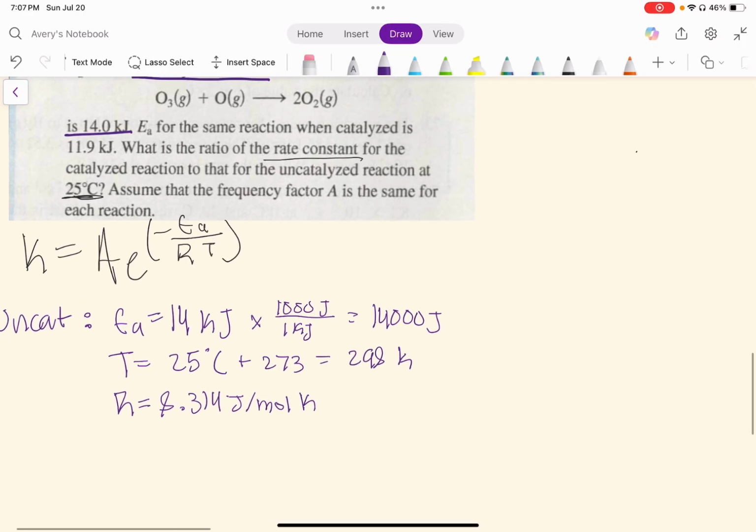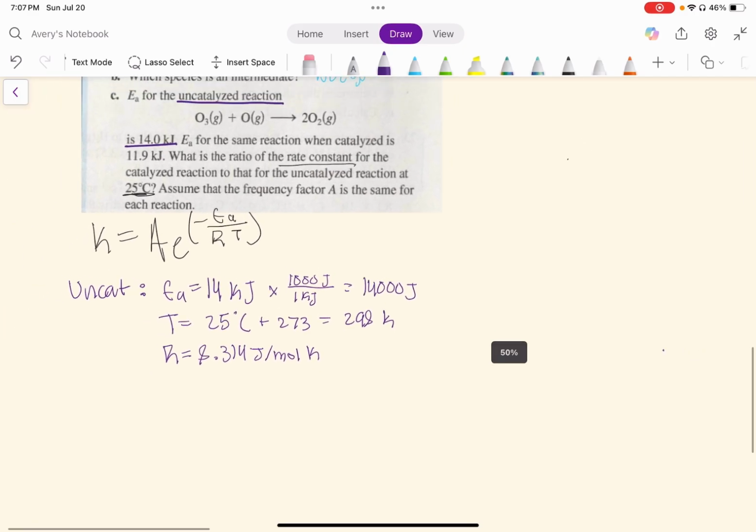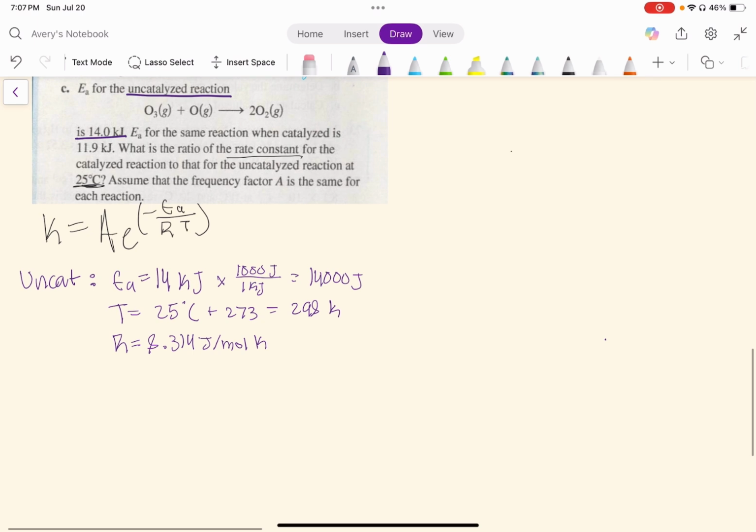Now we're going to analyze this for the catalyzed reaction. Our activation energy is 11.9 kilojoules.